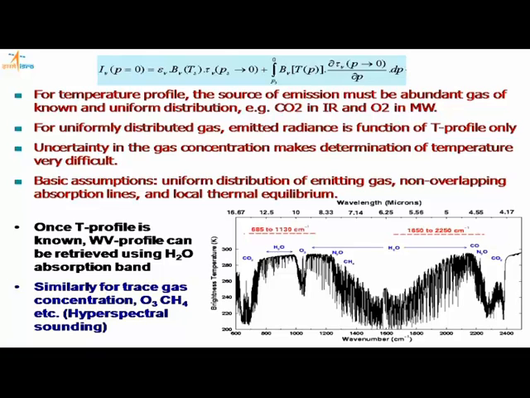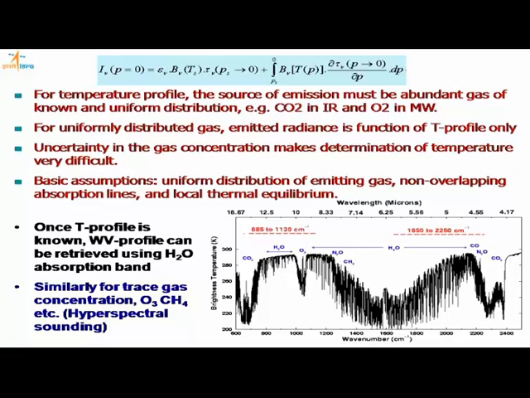So we can invert these equations to derive ozone. Similarly, by making observations in the absorption bands of various gases like methane, CO, or CO2, we can derive the concentration of those variable gases, by computing temperature from the CO2 band or by getting temperature information from some other source.